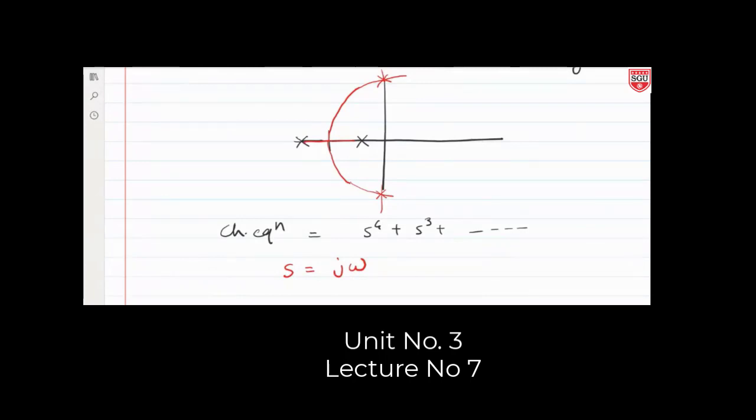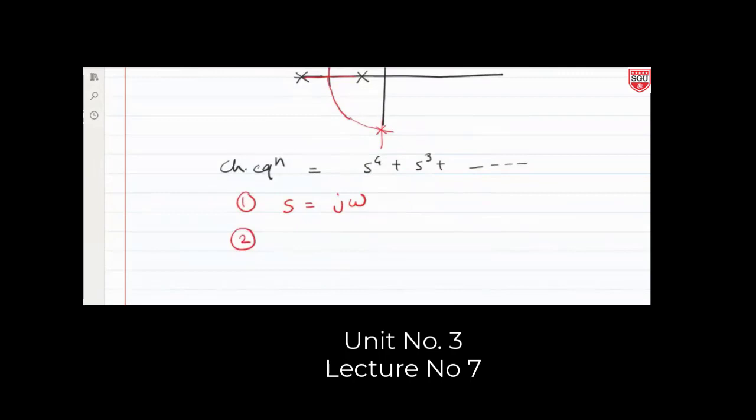Then we will get the point of intersection. After putting s equal to j omega, we have to apply the Routh stability criteria, which we saw last time.